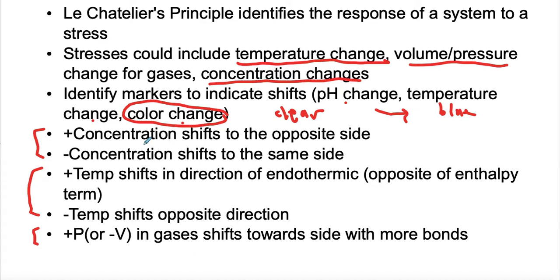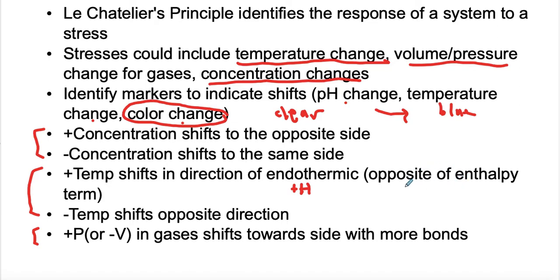Temperature shifts. You have to determine whether it's endothermic or exothermic, and we talked about these. Remember, endothermic is positive H, and exothermic is negative H. So which way is endothermic? If you have your reactants and your products, if going forward towards the products is endothermic, then if you add heat, it's going to shift that way.